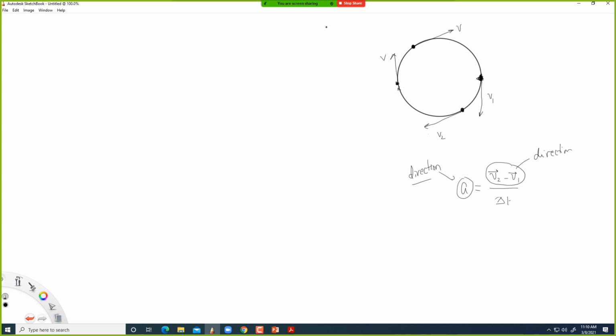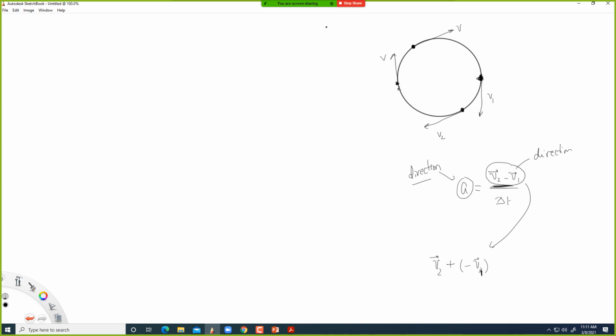So v2 minus v1 could be written as v2 plus negative v1. Same thing as that. So I want to add v2 and negative v1. That will give me this change in velocity.